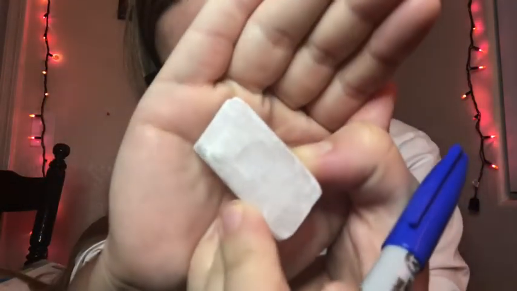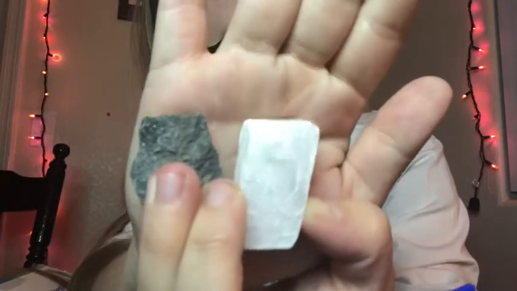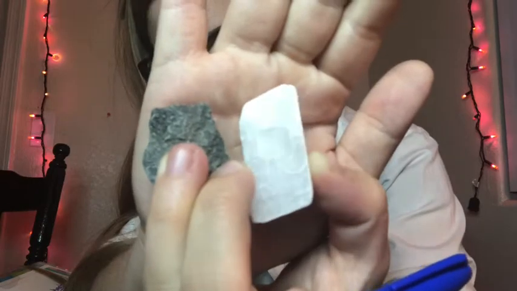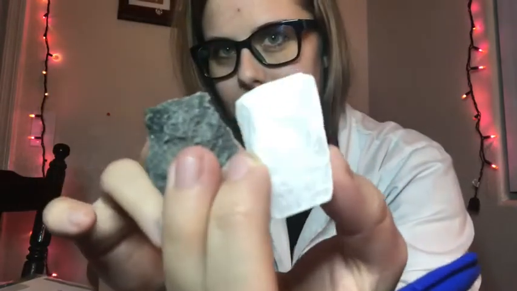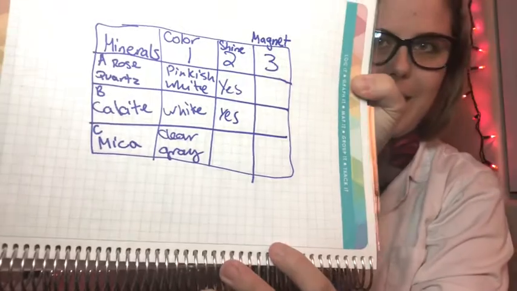Let's see if it's shiny next to this. It's kind of hard to see. Focus, there we go. It is shiny next to the other one. You see a glimmer right there in the light? I am going to say that calcite is shiny. Yes, easy enough.